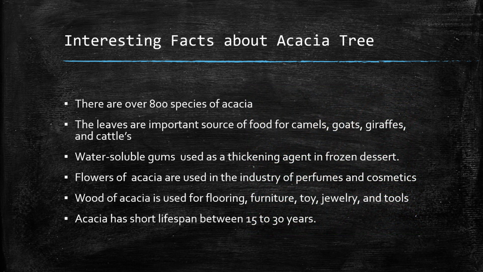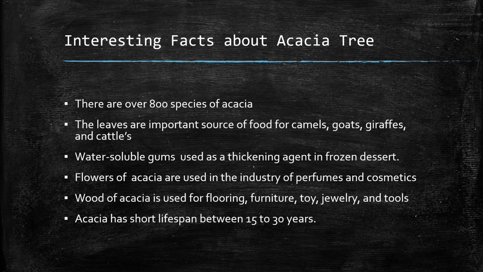Some interesting facts about the acacia tree. There are over 800 species of acacia. The leaves are an important source of food for camels, goats, giraffes, and cattle.